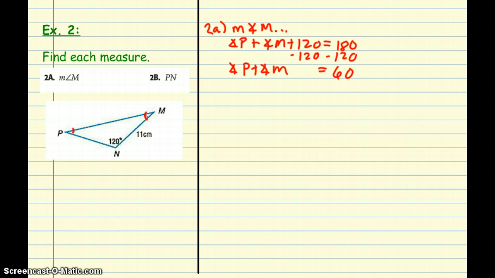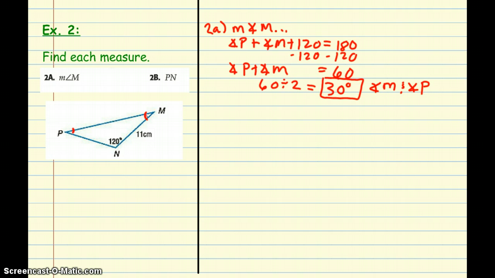And we're told that these two angles are congruent. In order to figure out what each of them equals, we can just take 60 and divide it by 2 to get 30. And that's for both angle M and angle P. Again, that comes from that isosceles triangle theorem.